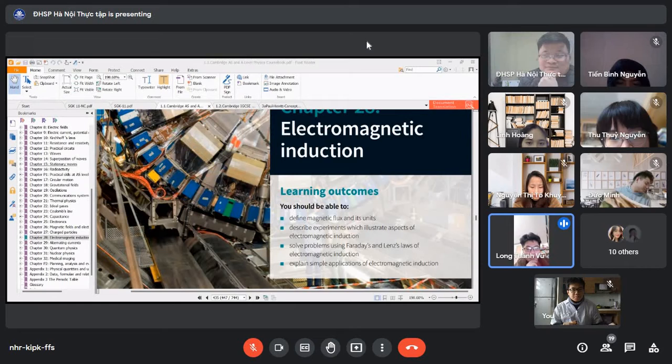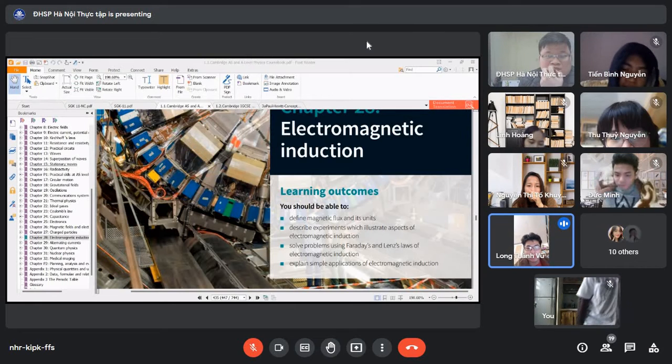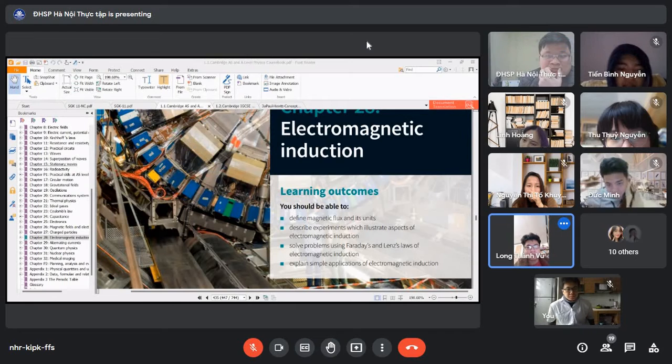I think Faraday's law and Lenz's law both work in electromagnetic induction, and both of them state that the induced current created in the conductor frame will oppose or resist the change in magnetic flux.